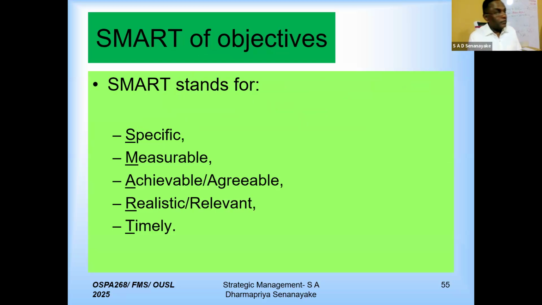And when we address them, objectives have certain specific features. We call them SMART objectives. So what do you mean by these SMART objectives?